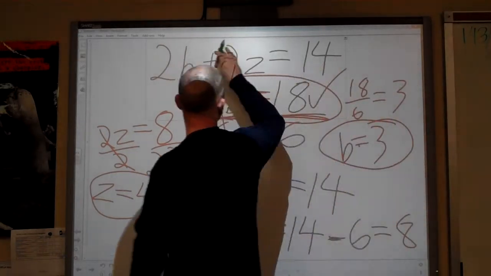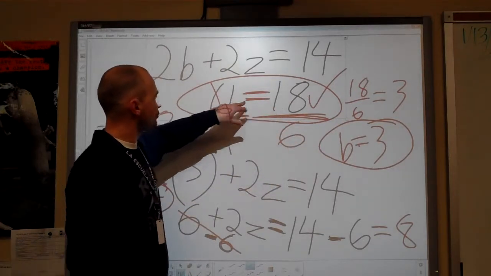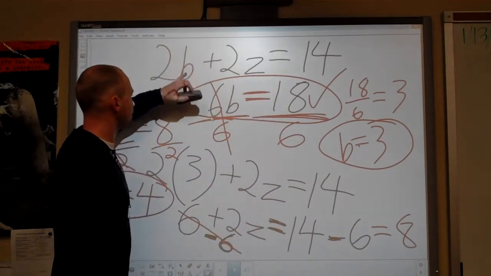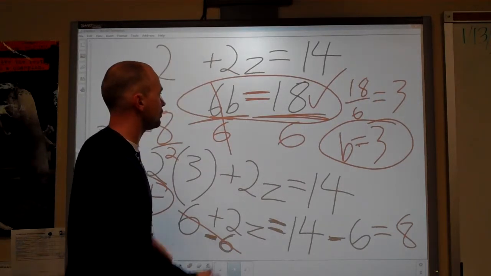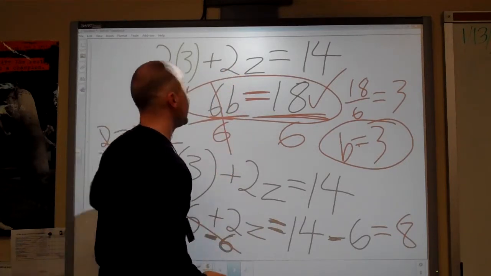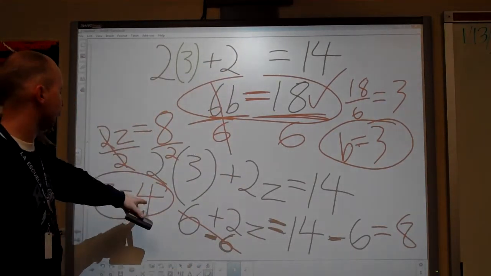So I'm going to go back to my top equation. I know B is right because 6 times 3 does equal 18. That checked. So I'm going to go back and substitute. For B, I'm going to substitute 3 because that's what B equals. And for Z, I'm going to substitute what Z equals. In this case, Z equals 4.